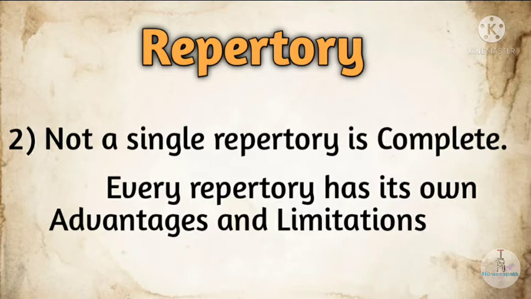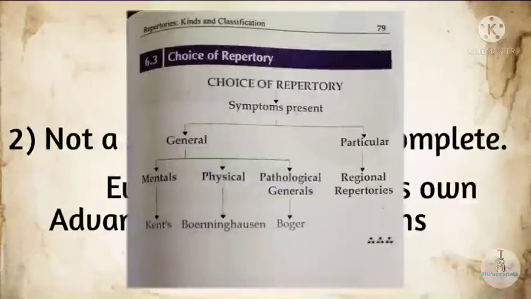So this is one of the examples, but there is no single repertory available that fulfills all the criteria for us to use it. Because of this reason, we have to use different repertories for different purposes or cases. For example, for mental generals, we can use Kent's repertory.